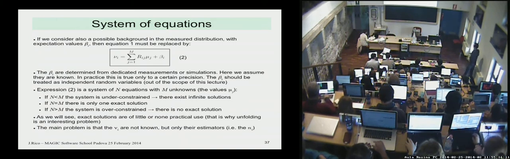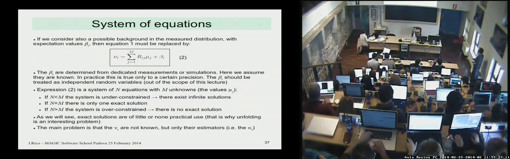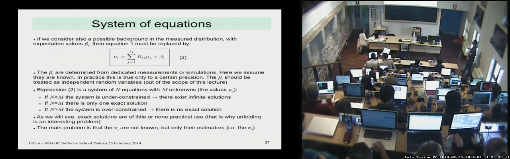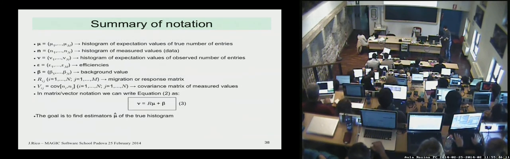Now, the point is that the exact solutions are of little or no practical use, and we will see why immediately, and that is why this is an interesting problem to solve. The main problem in solving this equation is that not only we don't know mu, but we also don't know nu. Because what we know is n, and n can be used as an estimator of nu, but when you do so, the solution you get has some problems.